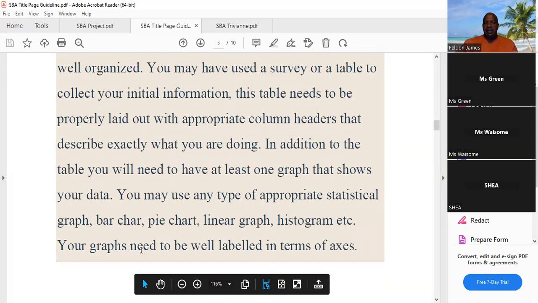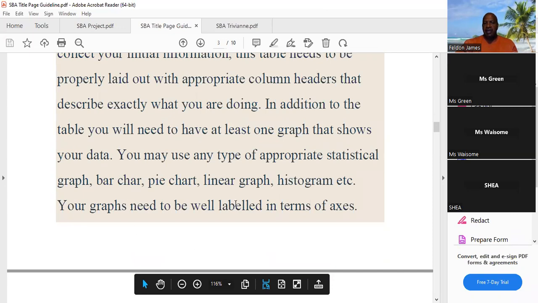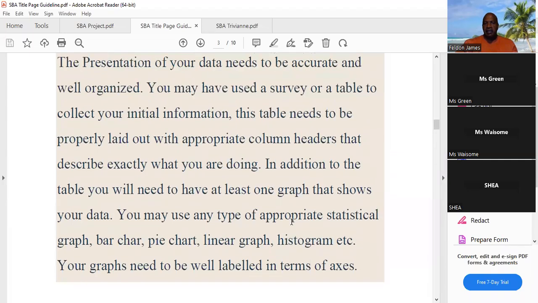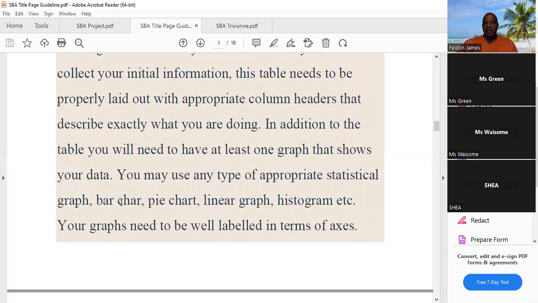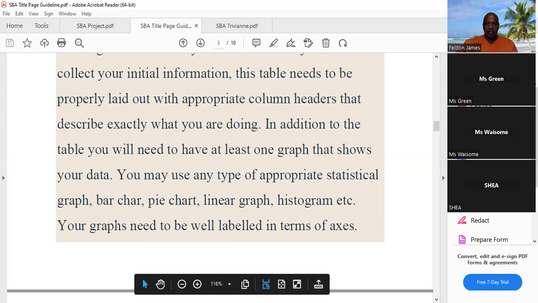Your graphs need to be well labeled in terms of their axis. Don't overlook that part, students. You have to label your graph and your tables, right? So in terms of your presentation of data, what are we expecting here? We are expecting either some statistical graph, bar chart, pie chart, linear graph, histogram, or so on.